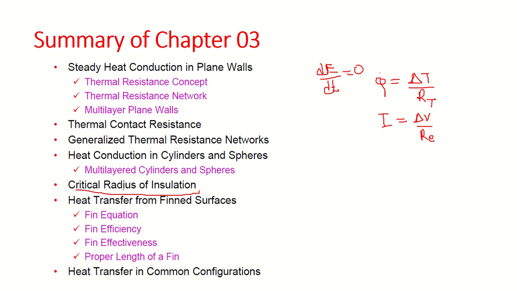It has no effect on a plain wall, but it has an effect here, because we know Q dot is equal to delta T over R total, and for cylinders and spheres that is delta T over R insulation plus R convection. R insulation is nothing but the conduction form, and R convection is also there.